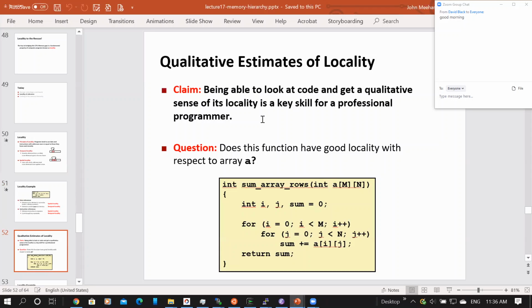So if you go back to the syllabus and look at the outcomes for the course, you'll see some language in there to the effect of the ability to analyze the degree to which a program effectively exploits the temporal and spatial locality of the computer. And you'll see another thing in there about the exploit the superscalar capabilities of the computer.